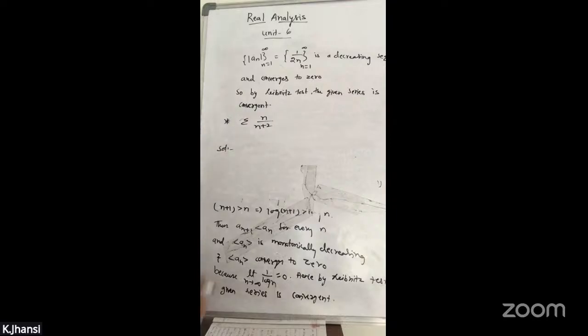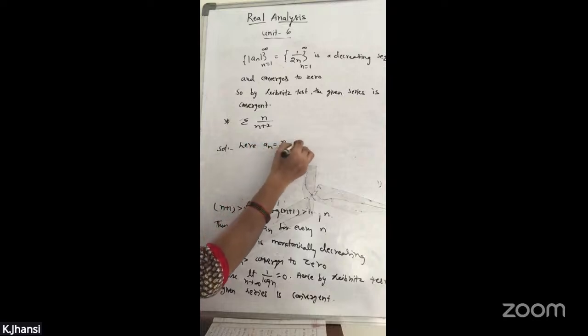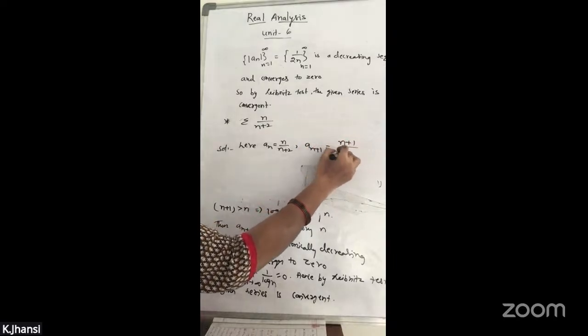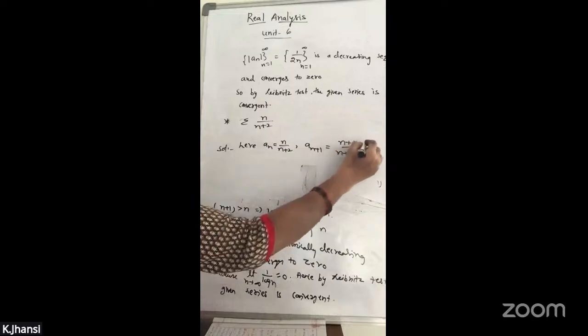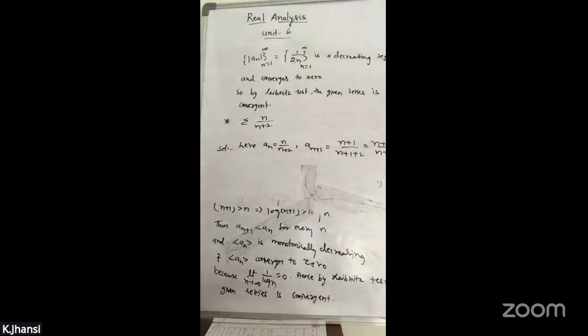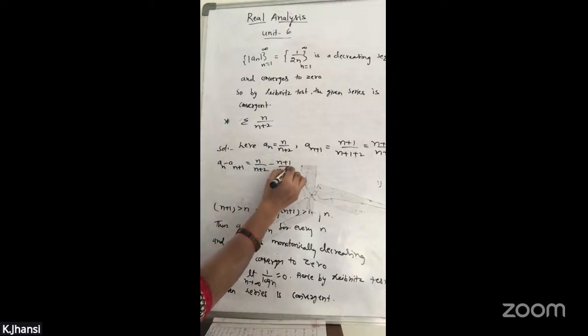So for this, the given an is equal to n by n plus 2. Now an plus 1 is equal to n plus 1 by n plus 1 plus 2, which is equal to n plus 1 by n plus 3. Now an minus an plus 1 is equal to n by n plus 2 minus n plus 1 by n plus 3.